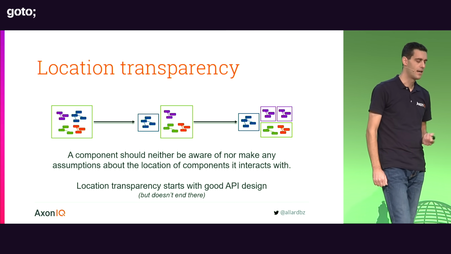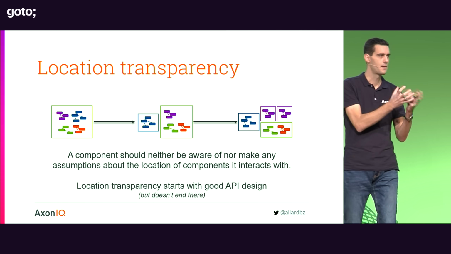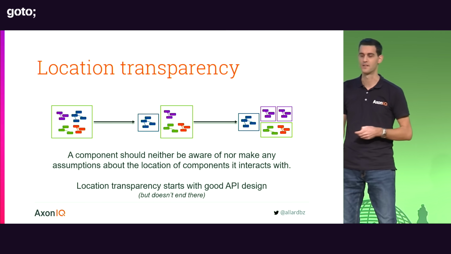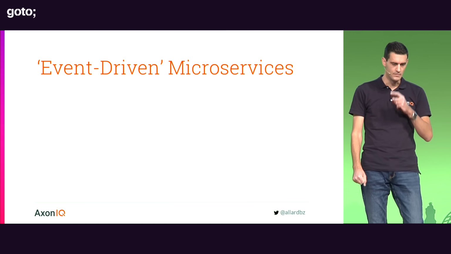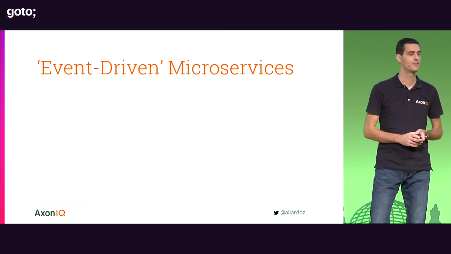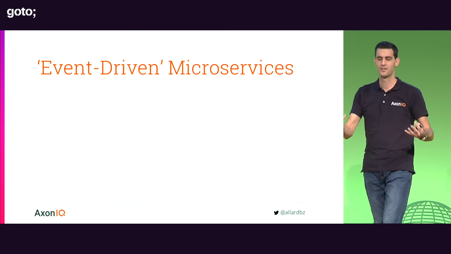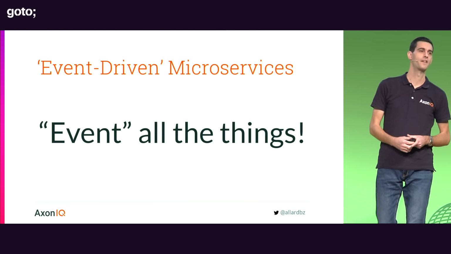And one thing that really helps is explicit messages. Just sending explicit message objects from one place to another, or events. This is something that event-driven microservices have also discovered, or some people have discovered, and are using. Basically what they do is they event all the things.